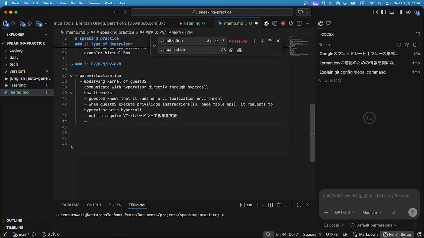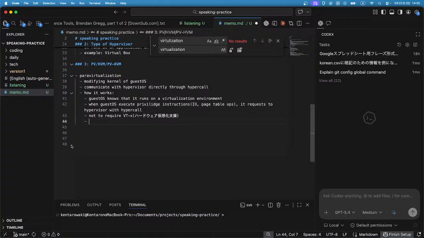Okay, then what happens on EC2? This type of virtualization is used in all types of instances.